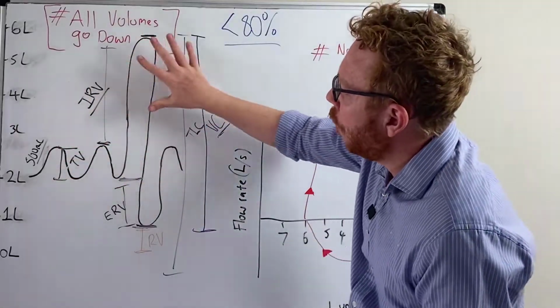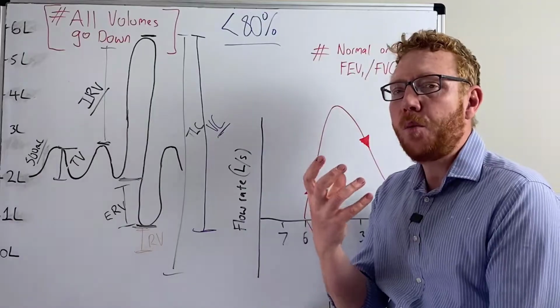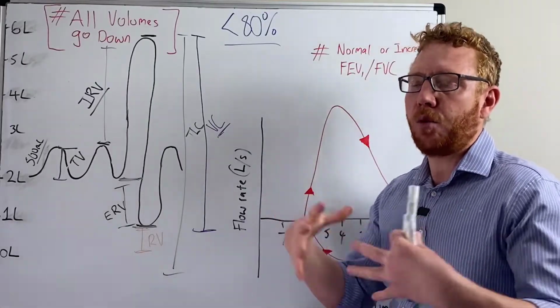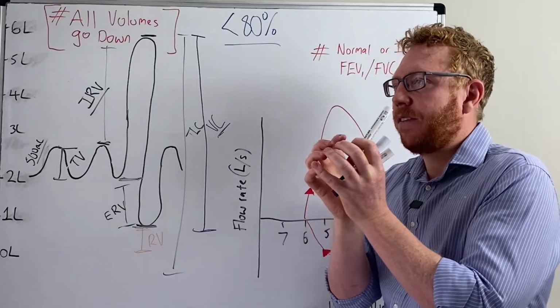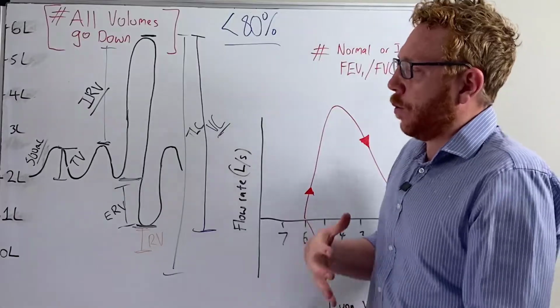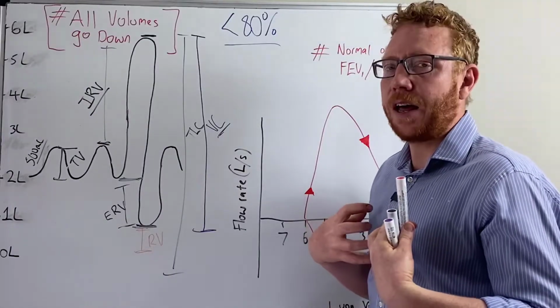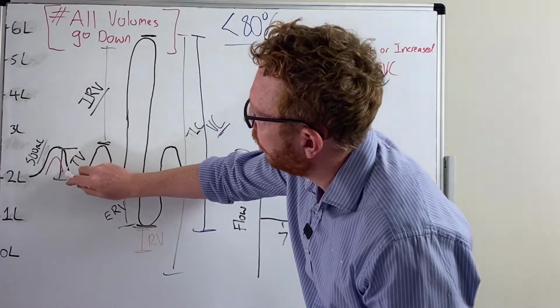So we saw the normal trace. Now what happens in a restrictive lung disease? We know we either have a body wall issue and it won't pull the lungs out, or the lungs are very tight, very rigid, very non-compliant. So when you try to breathe with stiff lungs, you're not going to be able to even do tidal volume very well.